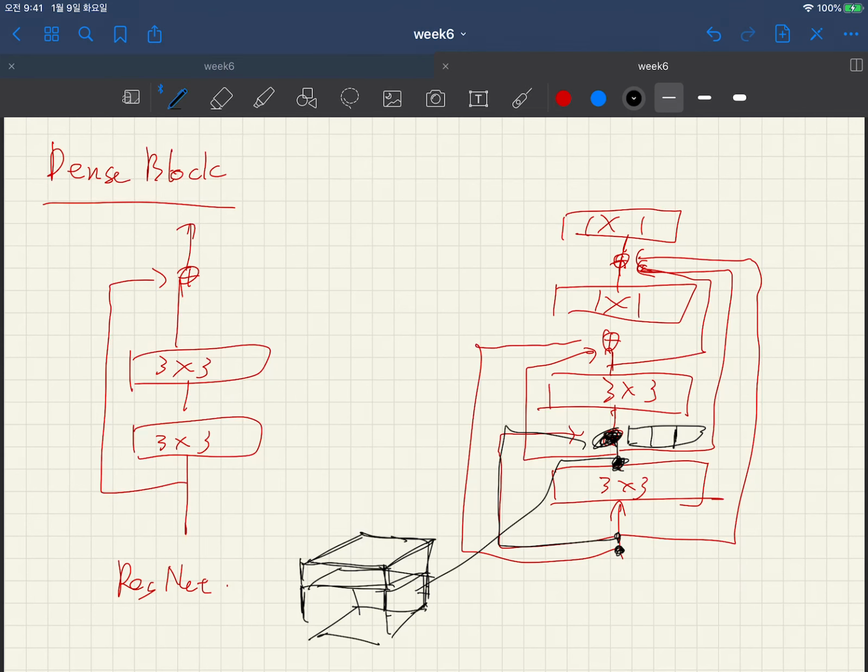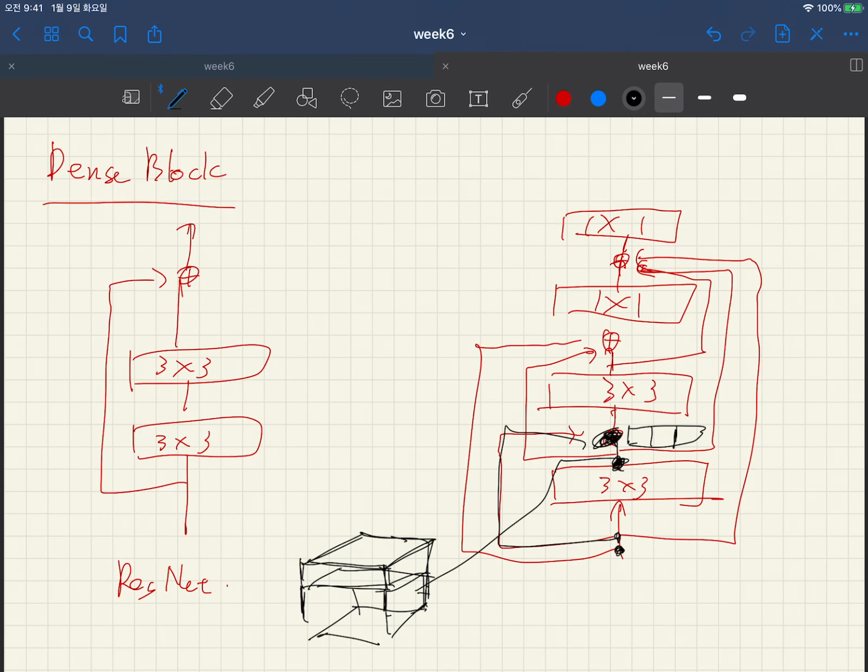When we utilize very different layer signals at the same time and combine them all, we can build a much better classification function. That is the main idea of DenseNet. So this concatenation operation is also a very useful operation to design your neural network.